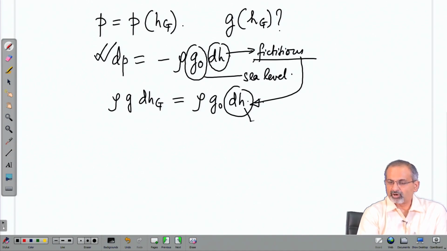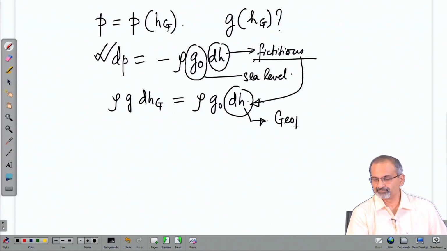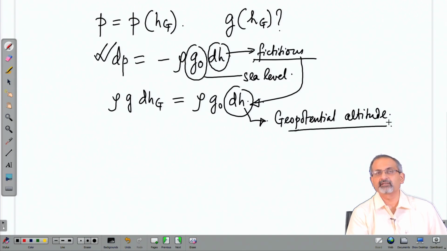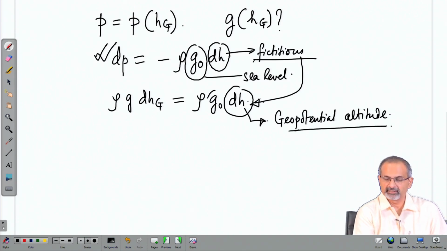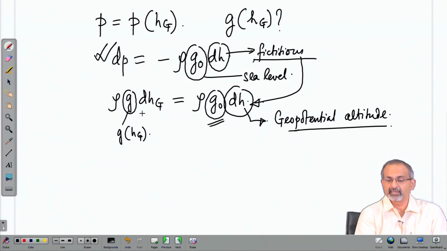Now, this altitude which we are talking about is basically the geopotential altitude. The only role of this altitude is to bring about this convenience of using a constant value of the acceleration due to gravity, which is available at sea level, instead of accounting for its change with height, because this g is basically a function of Hg, and we do not want to go ahead with that complication. So, we have brought in a constant over here.